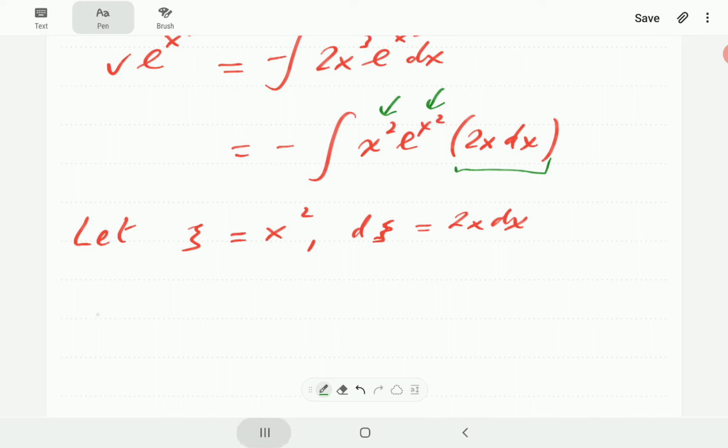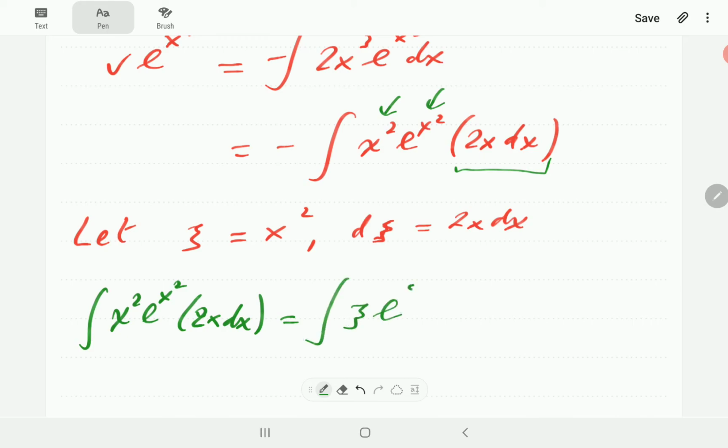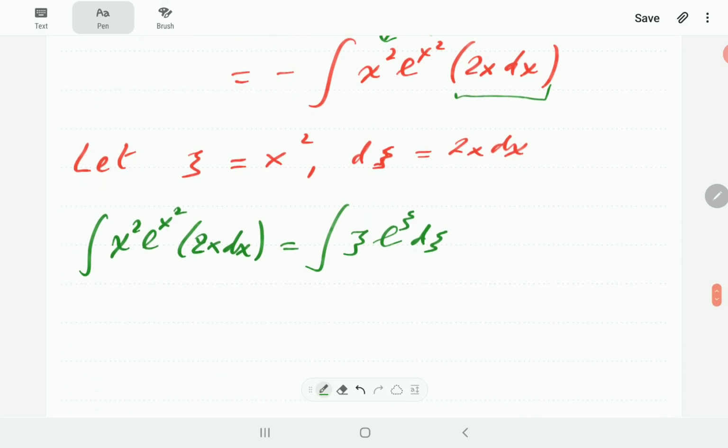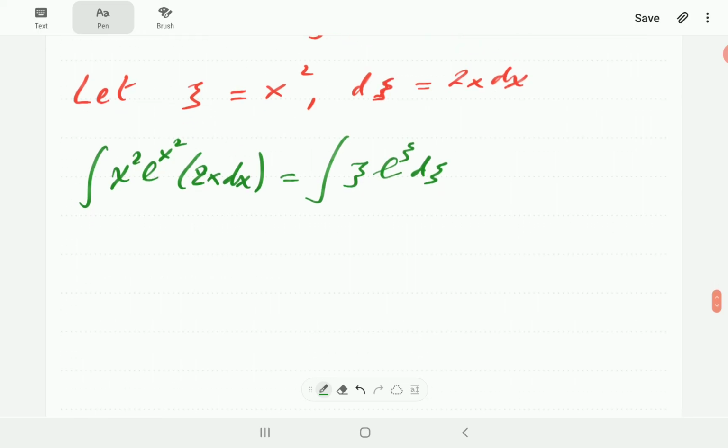So that means our integral x squared e to the x squared 2x dx is going to be equal to xi e to the xi dxi. And then this we can integrate using parts or tabular integration. Let's do it here.